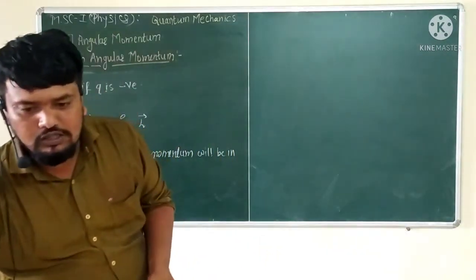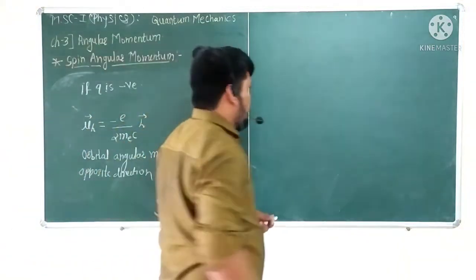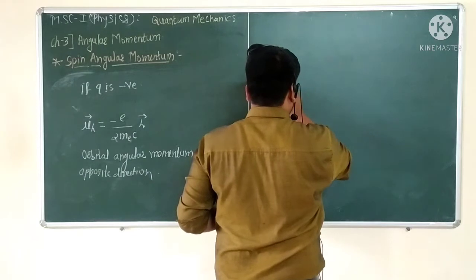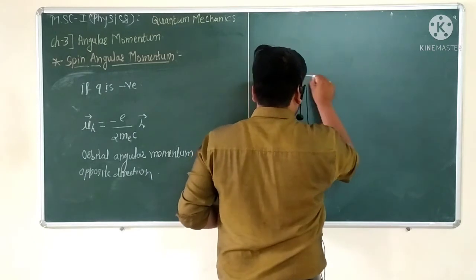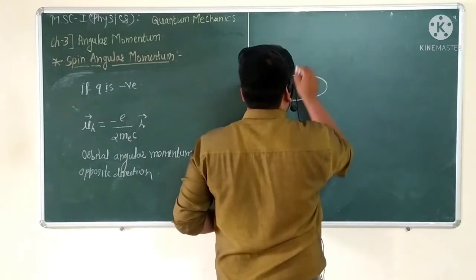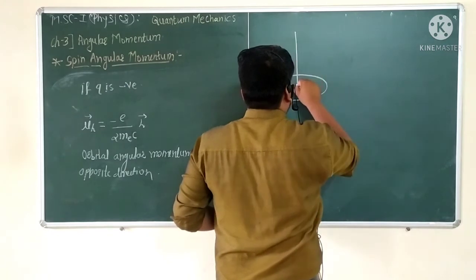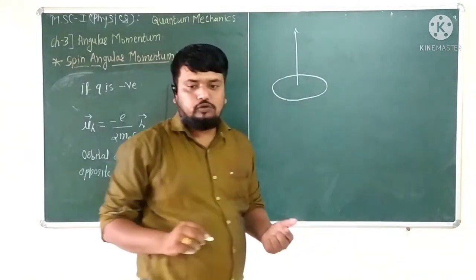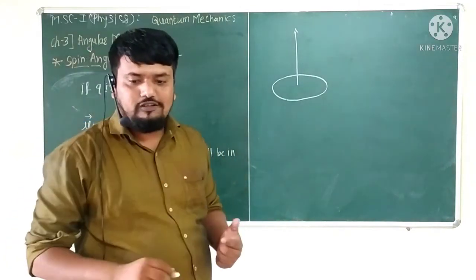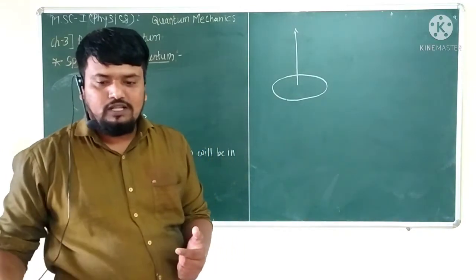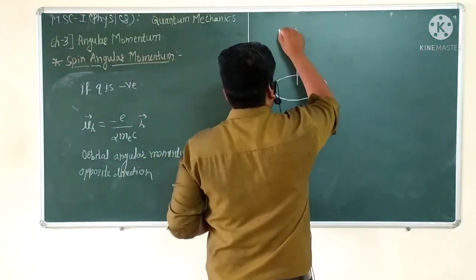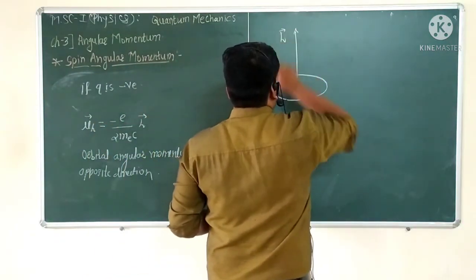So if we consider the spin orientation along the z axis, this mu l is oriented on the z axis, and this is the angular momentum vector, l bar.